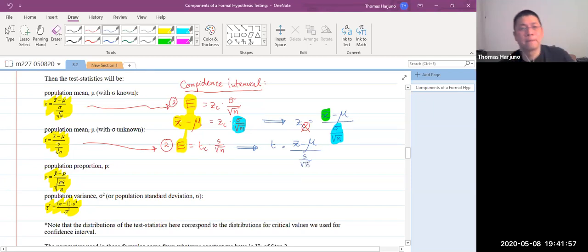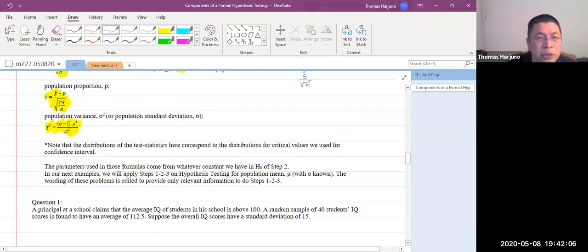That's for the test statistic. I said underneath here that the distributions of test statistics correspond to the distributions for critical value we use in the case of confidence interval.